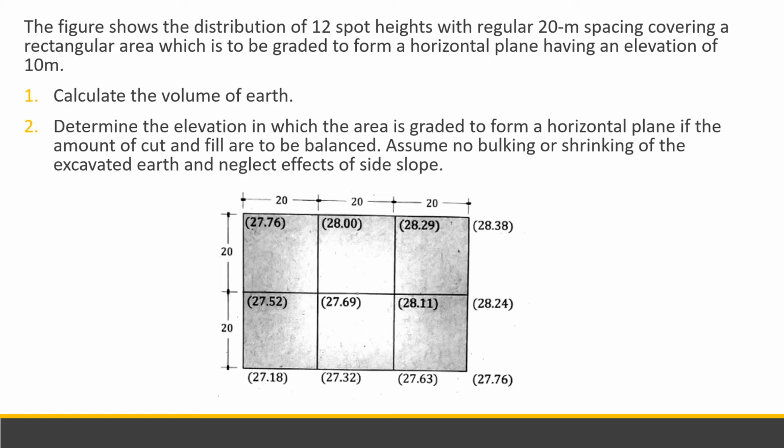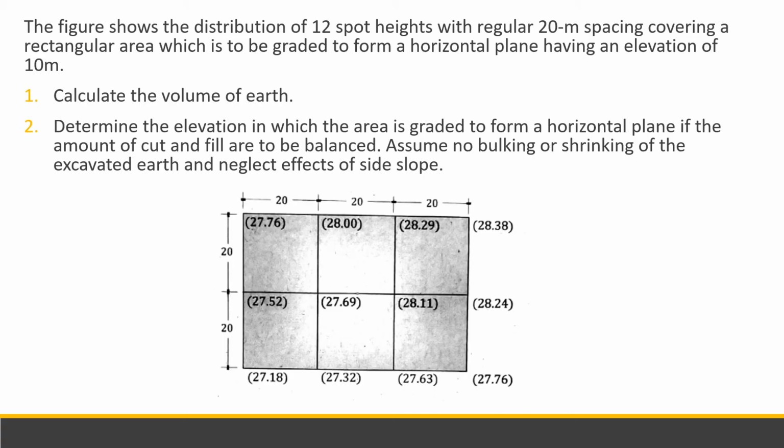So the figure shows the distribution of 12 spot heights with regular 20 meter spacing covering a rectangular area which is to be graded to form a horizontal plane having an elevation of 10 meters. So this time, yung remaining elevation is 10 meters, so that is from elevation 0.